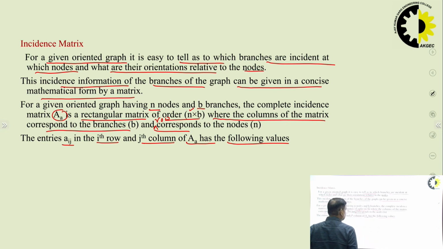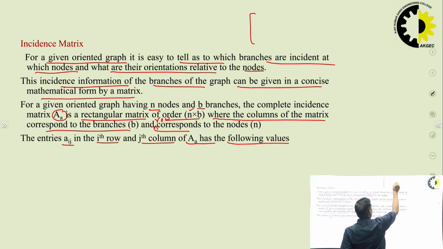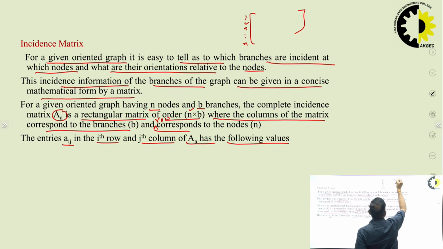We know that in the matrix we have n rows, 1, 2, 3, up to n, meaning there are n nodes in the given oriented graph, and B columns.